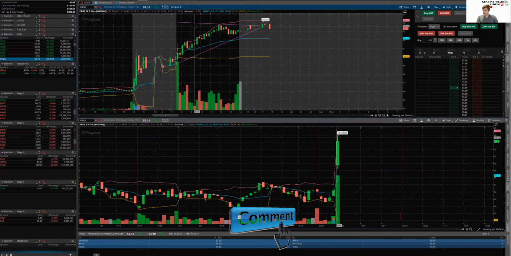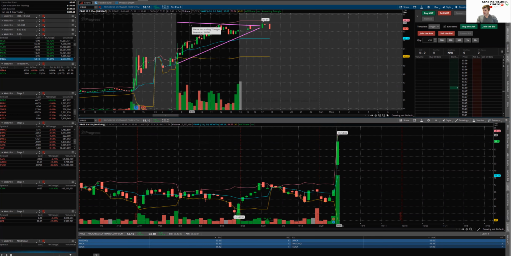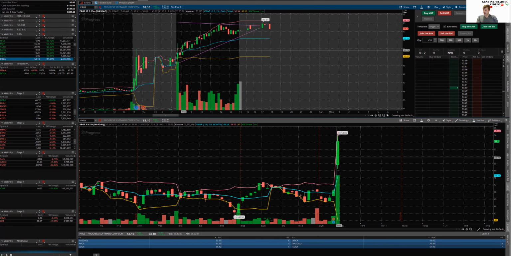So one of the things is these purple lines here. TD Ameritrade's Thinkorswim does have the ability to do a pattern recognition or pattern scanner. So this is calling it ascending triangle, and to me that's not an ascending triangle.